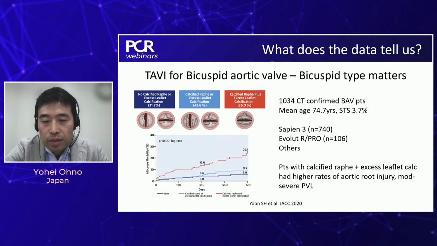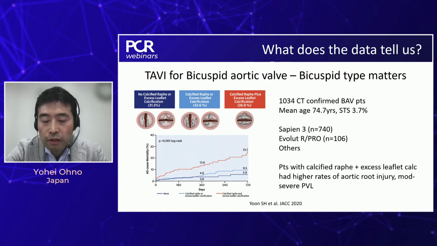We know that there are several types of bicuspid morphology, and will this morphology impact the clinical outcome? The answer is yes. This is a nice study from my great friend Sohan Yoon. They looked at 1,034 CT-confirmed bicuspid patients, mean age 74, STS score of 3.7.